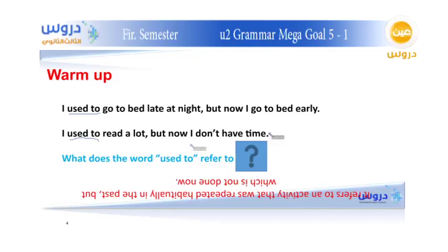So this is what we mean by used to. It means when you want to talk about an action or an activity in the past that you have done a lot of times, but now you're not doing it anymore.